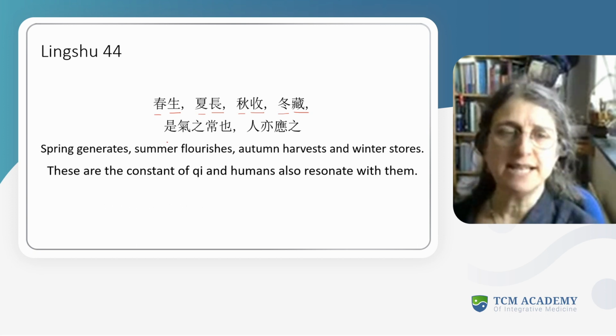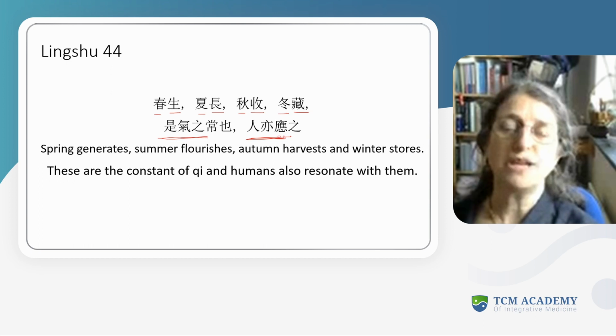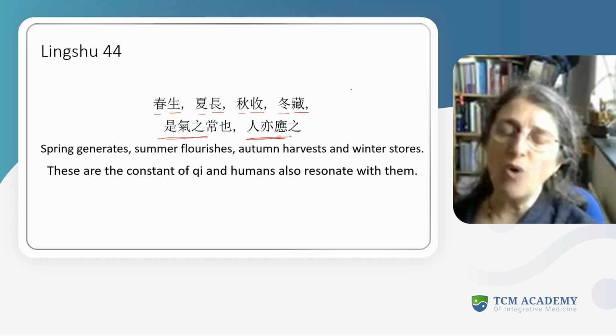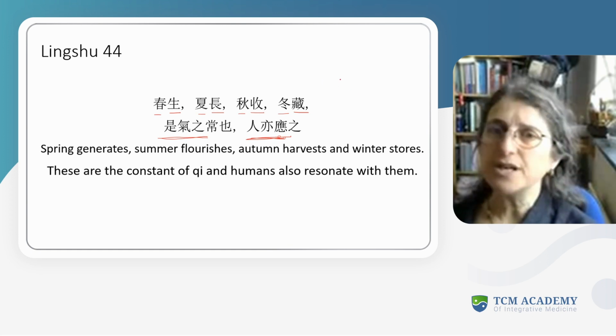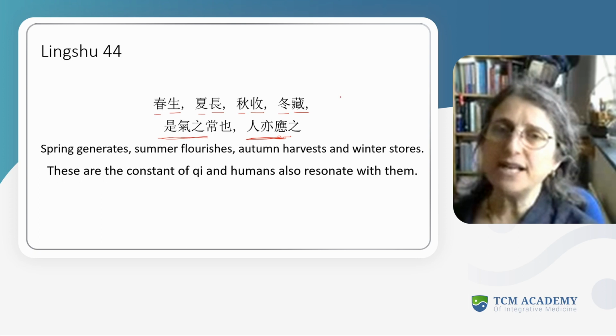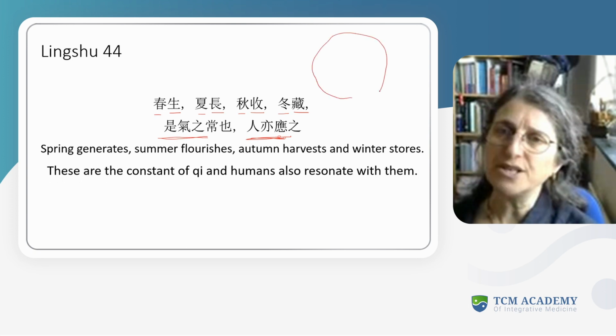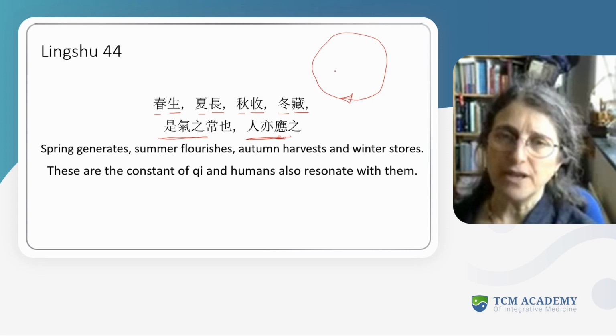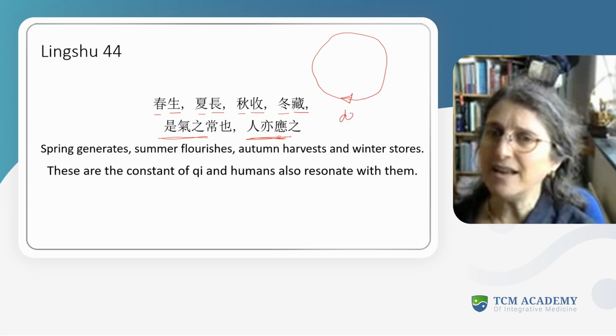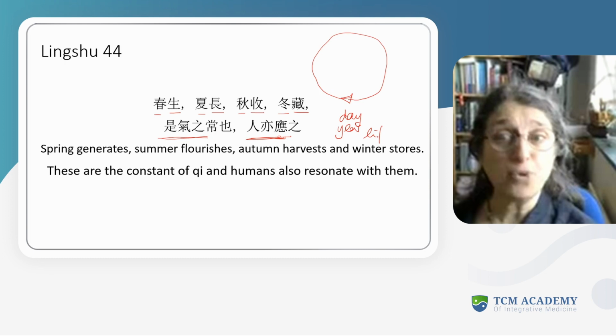And then it says, these are the constants of qi, and humans also resonate with them, also follow this, meaning that, why am I banging on about these characters and seasons and directions? Because Chinese medicine is all about how we go through the seasonal cycle. And by going through the seasonal cycle, which can happen in terms of a day or a year or a lifetime as well.